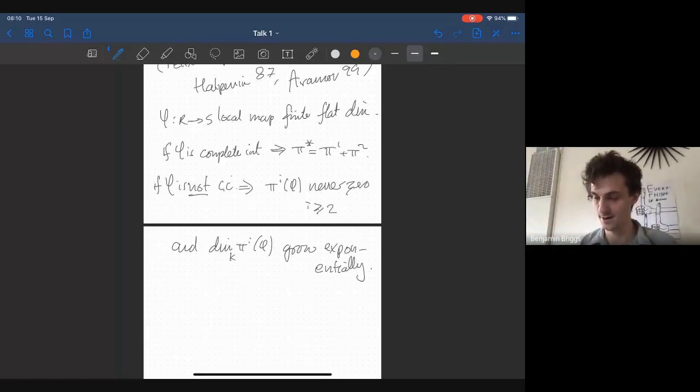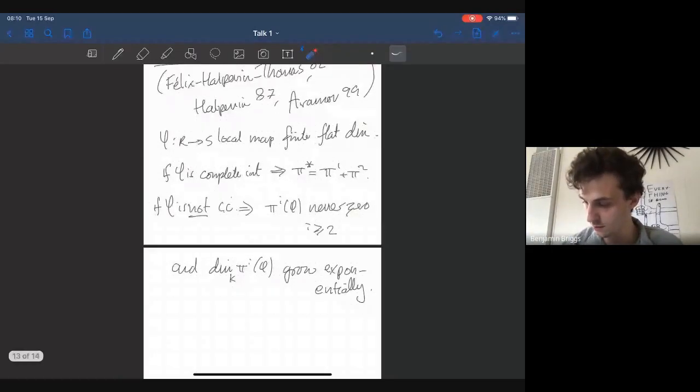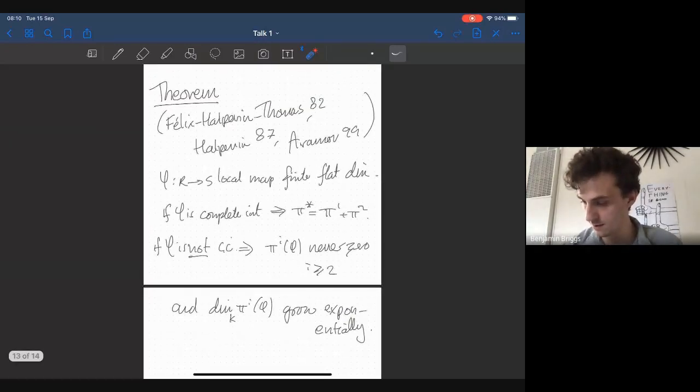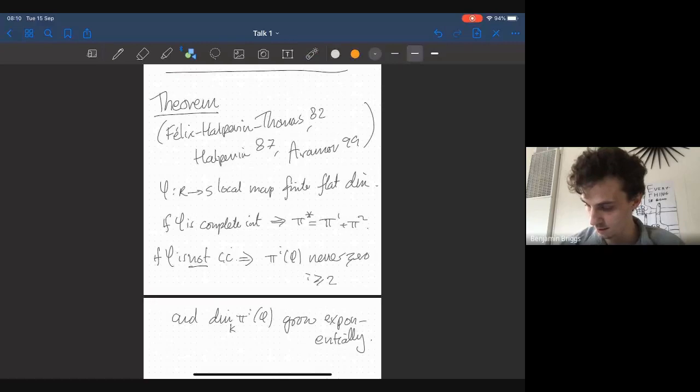So it's another one of these things about how there is a huge gap between complete intersections and non-complete intersections. For complete intersections, the homotopy algebra is very simple and easy to write down and easy to understand. And for non-complete intersections, it's extremely complicated. It just blows up and becomes exponentially big. So it's hard to even compute examples.